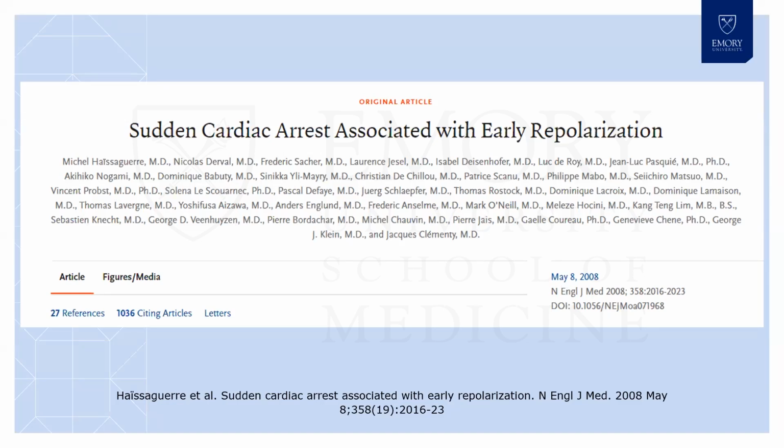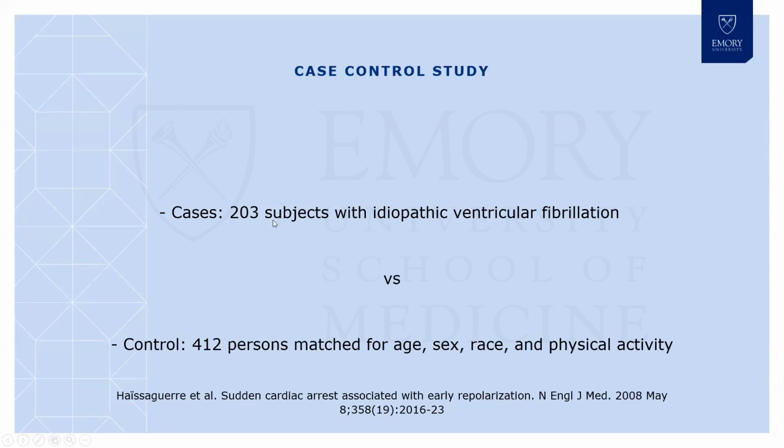This changed in 2008, when a paper by Haïssaguerre was published in NEJM called Sudden Cardiac Arrest Associated with Early Repolarization. It was a case-control study, and the cases were 203 subjects with idiopathic VFib, compared to controls, which were 412 persons matched for age, sex, race, and physical activity.